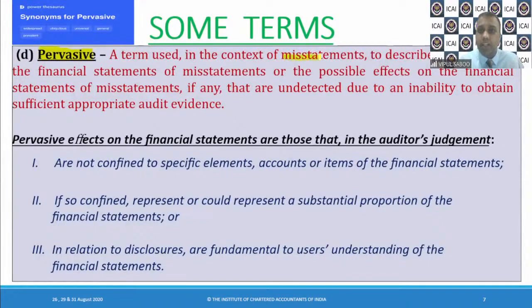It is used in the context of misstatements to describe the effects on financial statements of such misstatements, or their possible effects on the financial statements if they remain undetected due to an inability to obtain sufficient appropriate audit evidence. So pervasive is just a term related to the effects of misstatements.